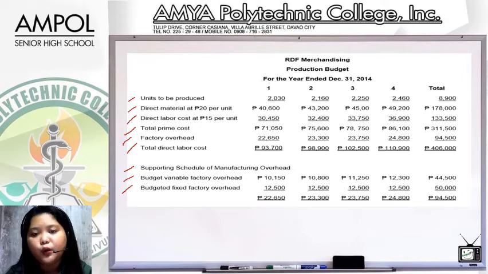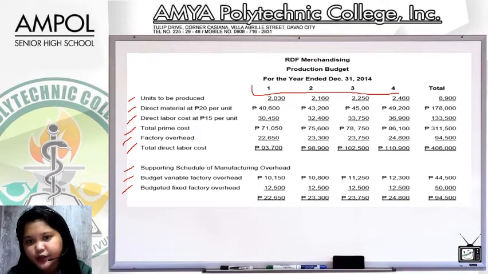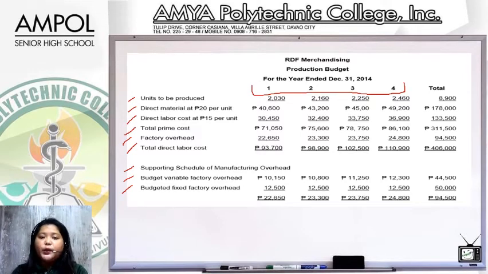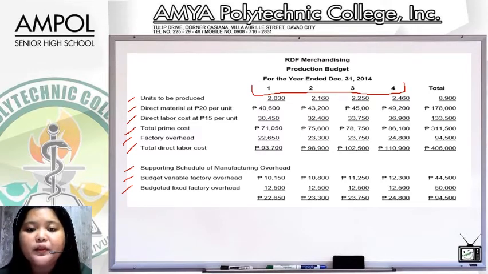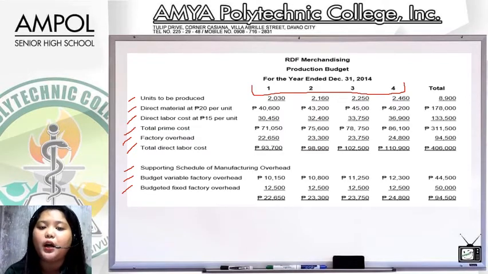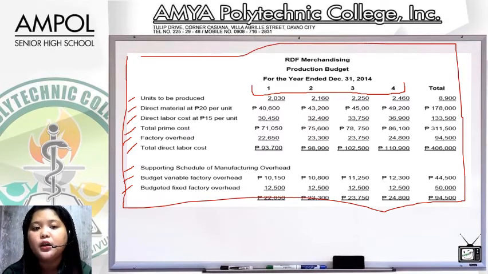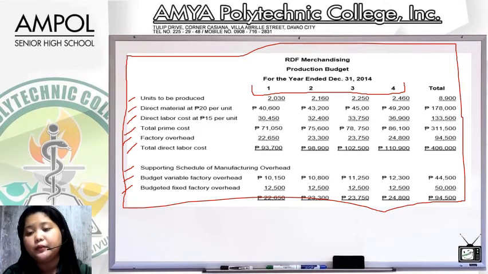So again, we have 4 quarters. The units to be produced are 2,030, 2,160, 2,250, and 2,460. Direct materials at 20 pesos per unit is 40,600, 43,000, and so on. The same with the labor and total prime cost. So, this is the picture of the production budget for RDF Merchandising given the problem on the next slides.